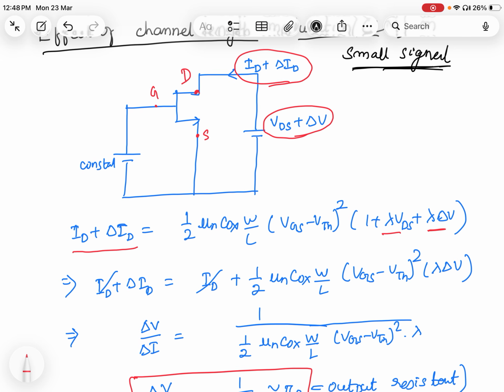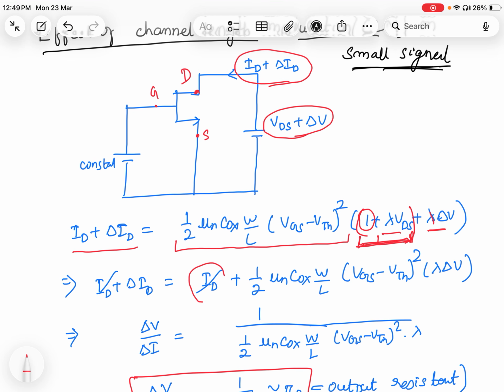After small mathematical simplification, I multiplied 1/2 mu n COX W by L (VGS minus VTH) squared with 1 and 1 into VDS first, then lambda into del V second.